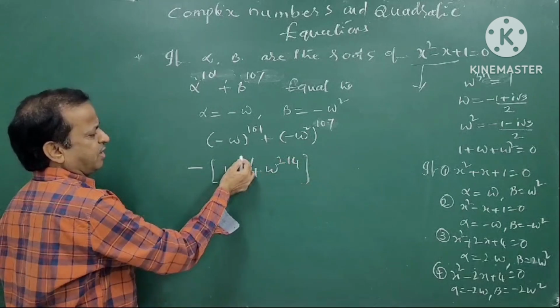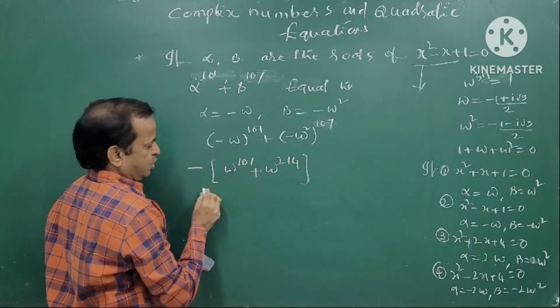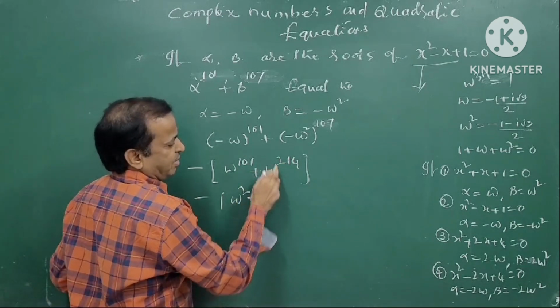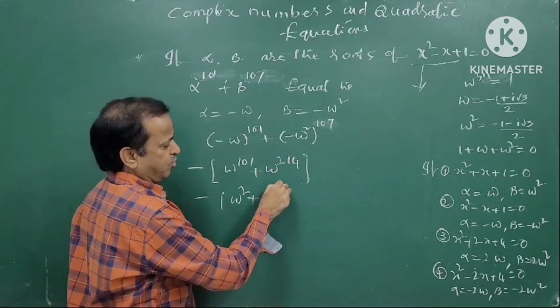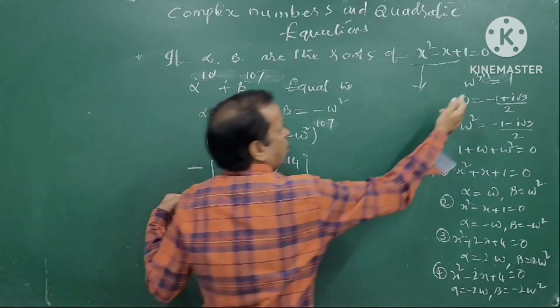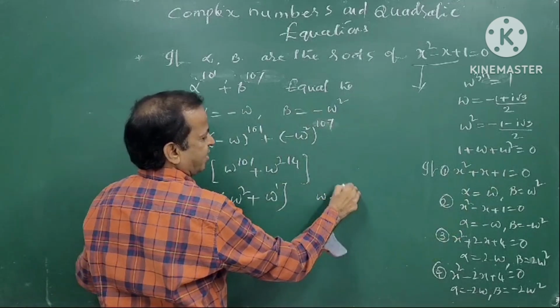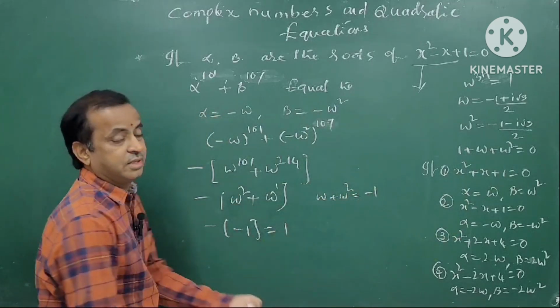Omega power 101, if you divide it by 3, 3 times 33 is 99, so it should be omega. Why? Because 3 sevens are 21, 3 ones are 3, 1 should be left over, that is omega power 1. So omega plus omega square value is minus 1. So you write here minus 1, the final answer is 1.